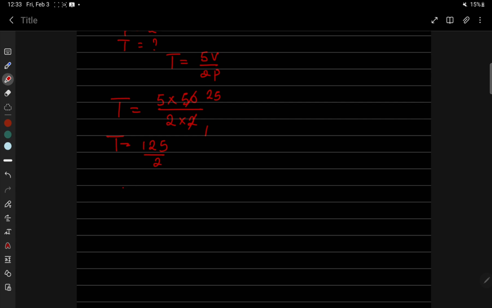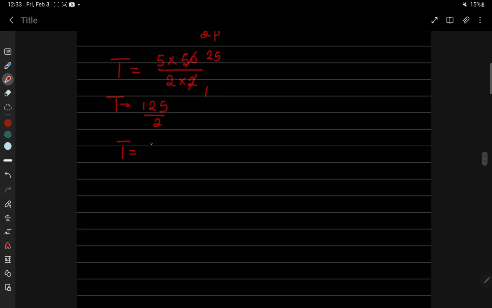So our T becomes 62 and 1 over 2. So T is 62.5, which is the same thing as 62.5 minutes. You can decide to leave it like this, 62.5 minutes.